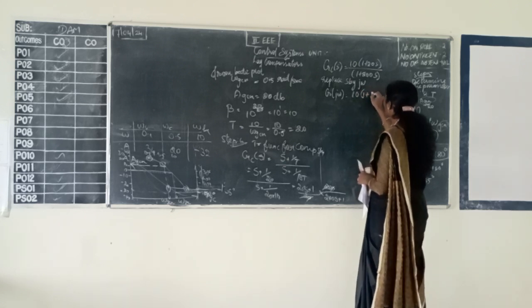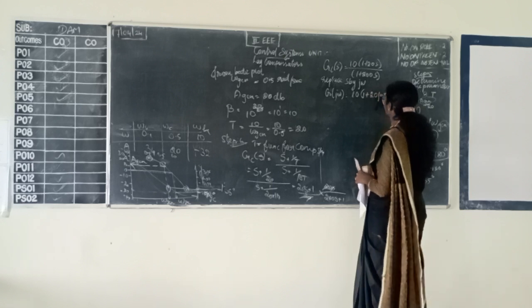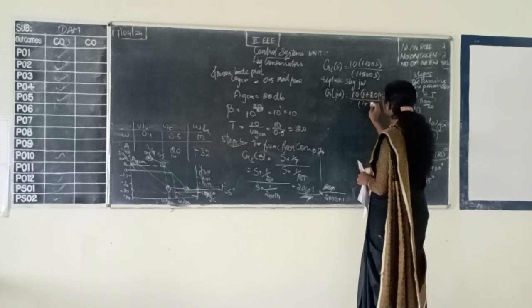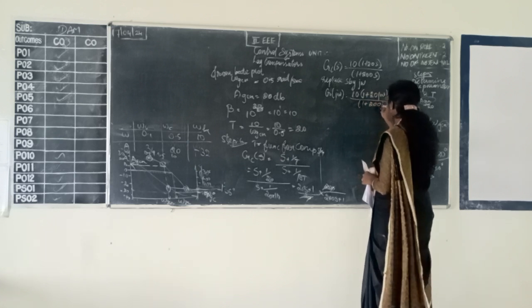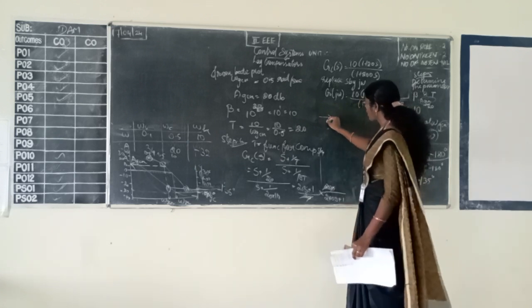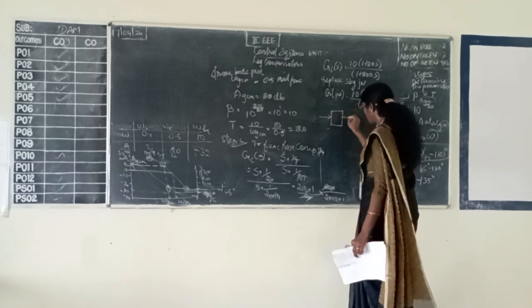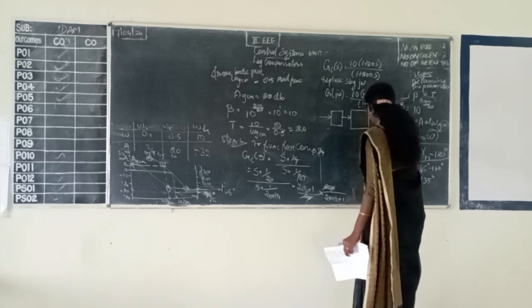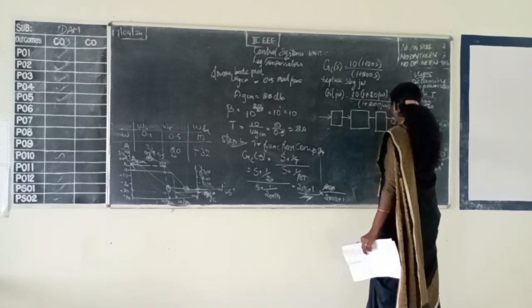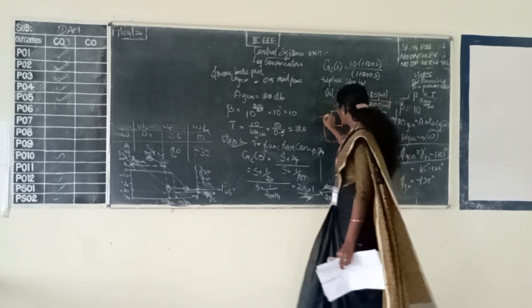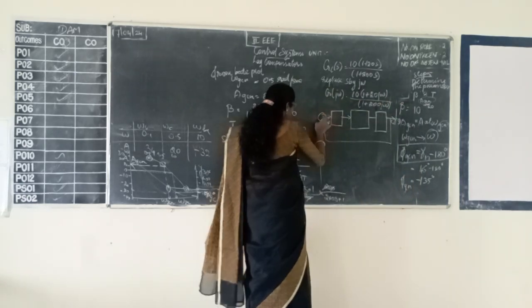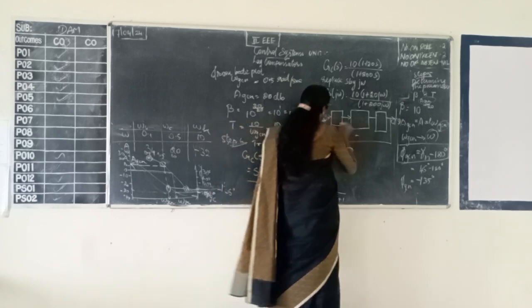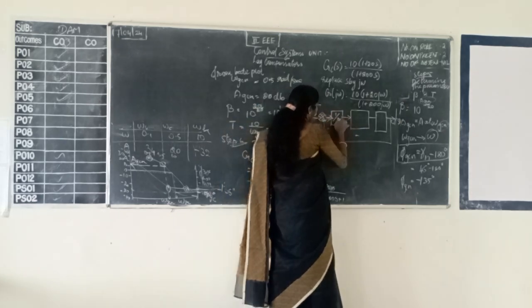Before doing that, you have to draw the block diagram: GC of S, G of S, your C of S output. Since it is a unity feedback system, the unity feedback to the comparator is 1.